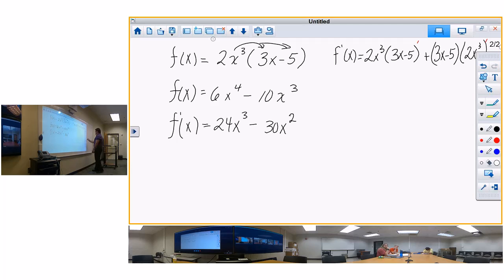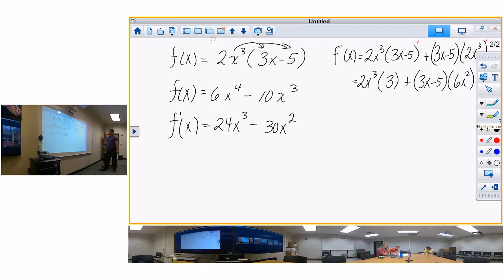So now we take 2x cubed, and what's the derivative of 3x minus 5? 3, plus 3x minus 5 times the derivative of 2x cubed, which is 6x squared.